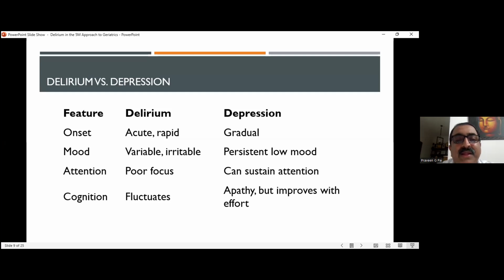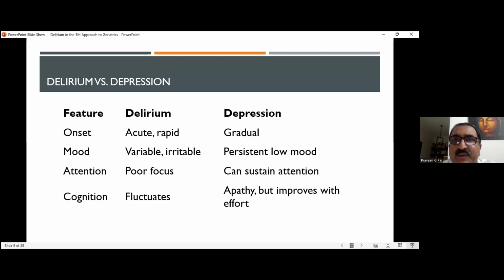There is mood again. In a depressed person, it's persistently low or very low. It cannot be very good at times and low another time. Sometimes there can be a masking of depression, but mood is generally persistently low in depression.